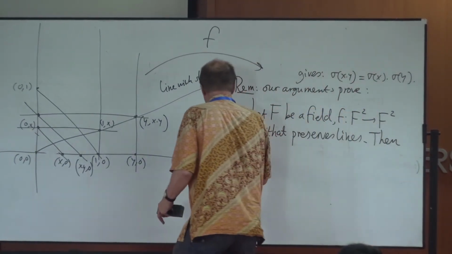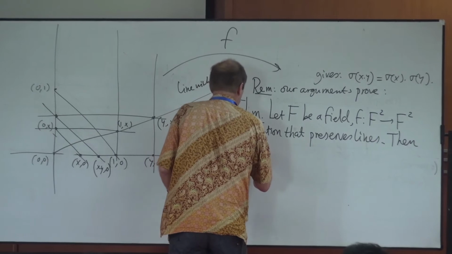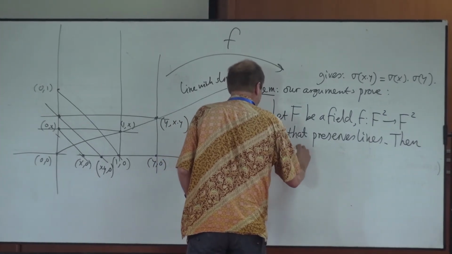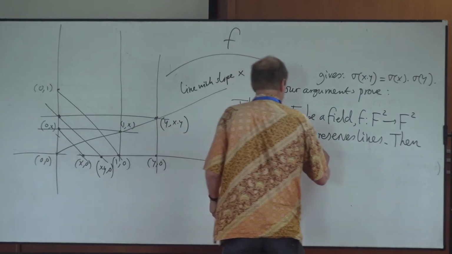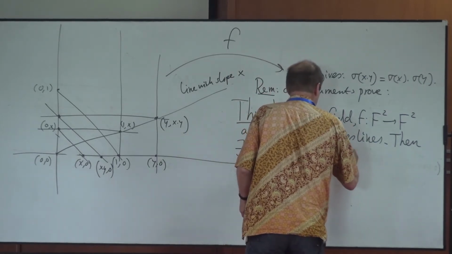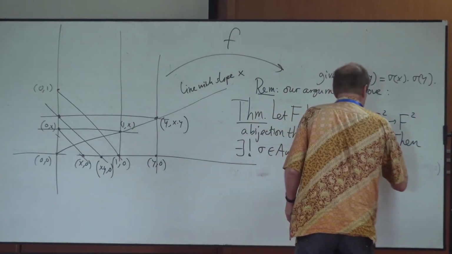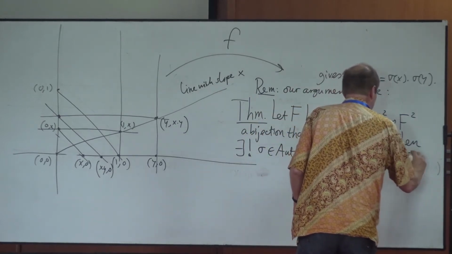Then there is a unique sigma in the automorphism group of F, and there is a unique g in the affine group of F².